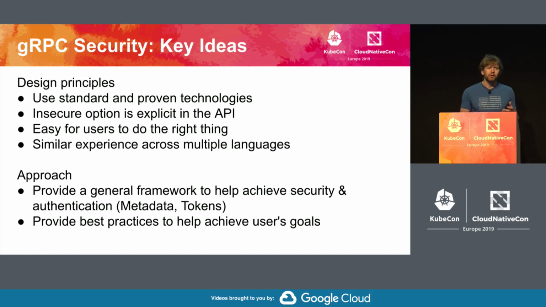And then from user's perspective, when you're actually writing the code, we made the insecure option in the API explicit. So that means when you're browsing the code, you can immediately see maybe this channel is set as an insecure channel. So maybe it's not such a good idea to send some sensitive data over it.